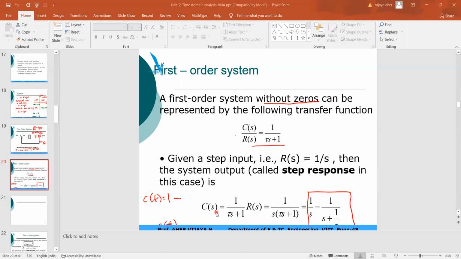C of s is equal to the transfer function 1 divided by tau s plus 1, into R of s. What is R of s? R of s is equal to 1 by s. So put this equation over here, and you will get 1 divided by s into tau s plus 1. Now simplify, and you will get this equation.